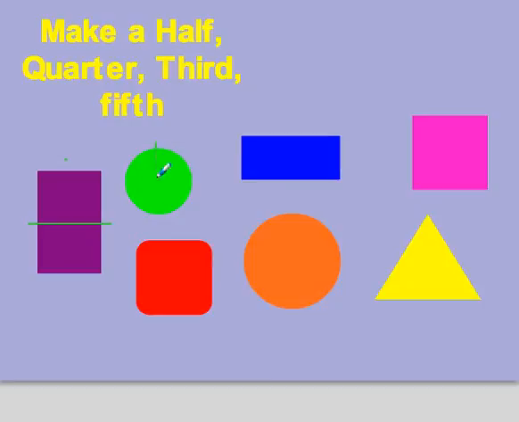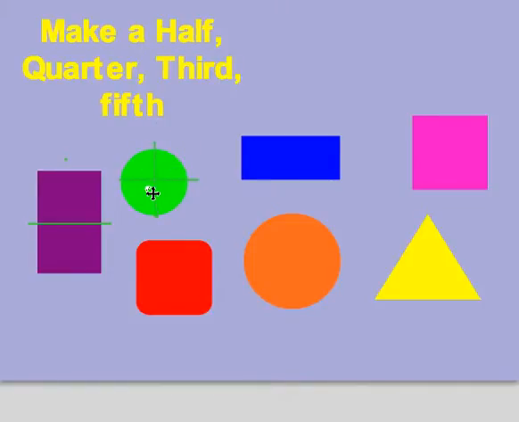So what I would do is simply draw a line going down across and then going down across like that. So this would be an example of something that is cut into quarters.